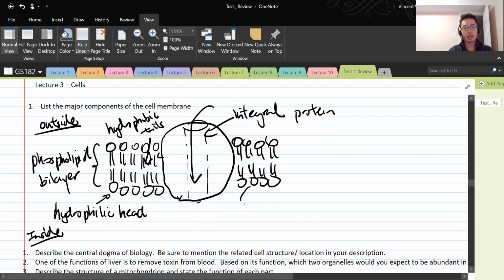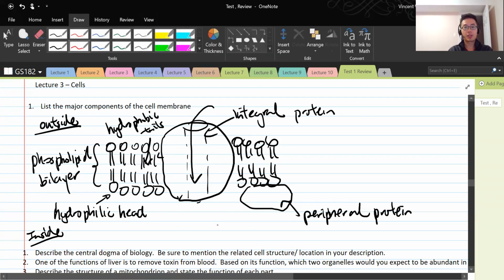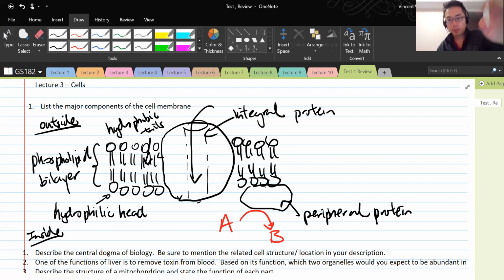Sometimes you would just have a peripheral protein. An example might be a membrane protein that catalyzes a reaction. So A comes here, and then it will convert it into B. We learn about this when we discuss the functions of the membrane proteins.